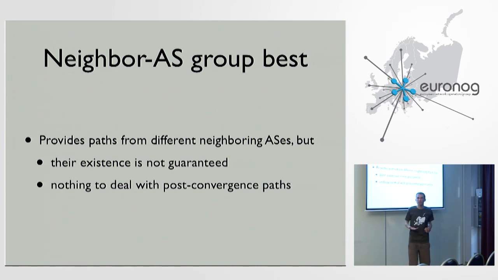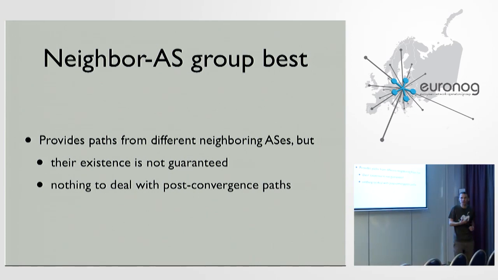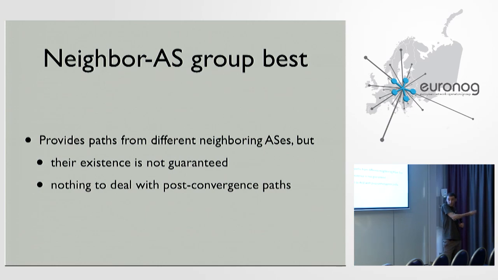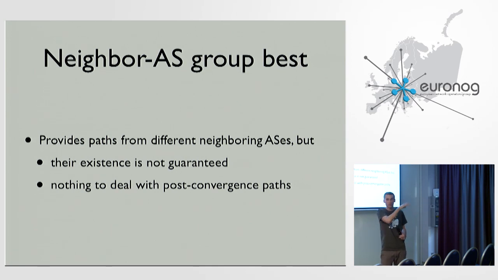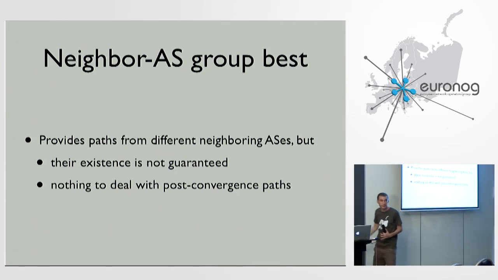Typically, your policy will drive your decision process to pick as best a path towards your main provider, and after convergence, it will still be towards the main provider. That mode will give you the best path through your main provider and the best path through the provider that you only have there in order to reach the rest of the world when you completely lose your primary provider.